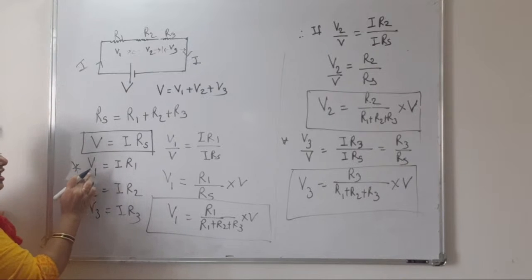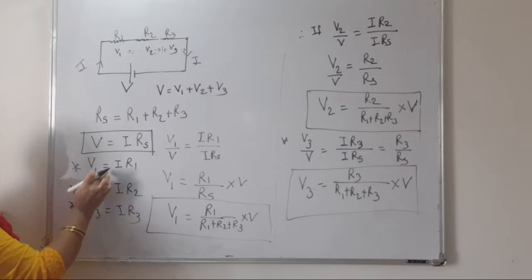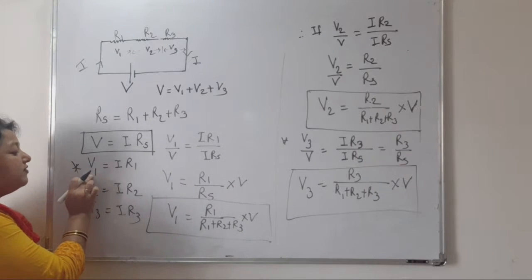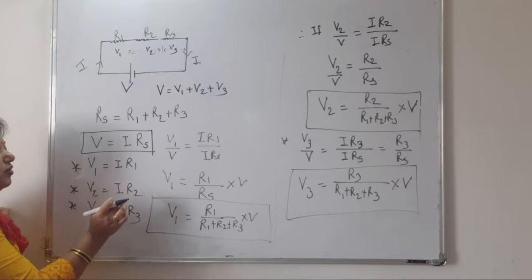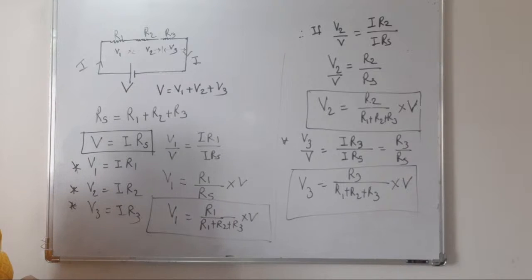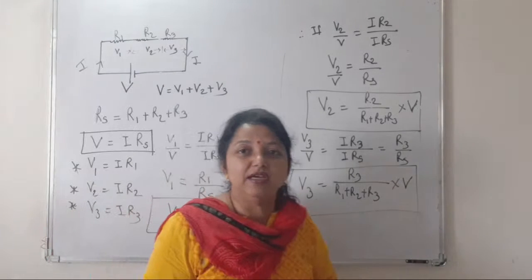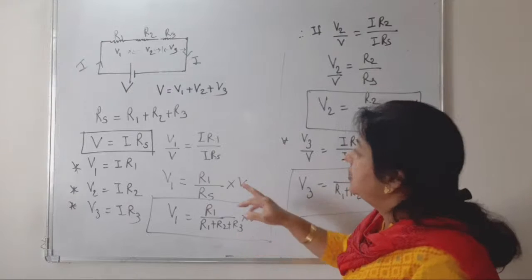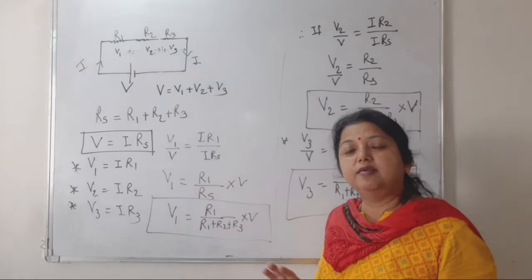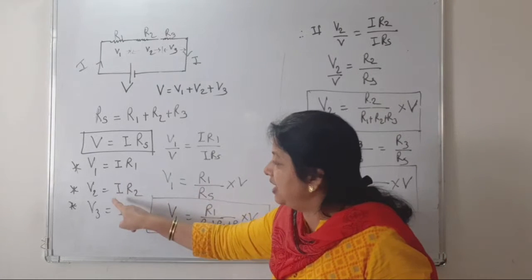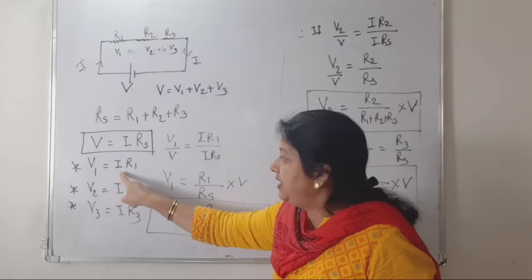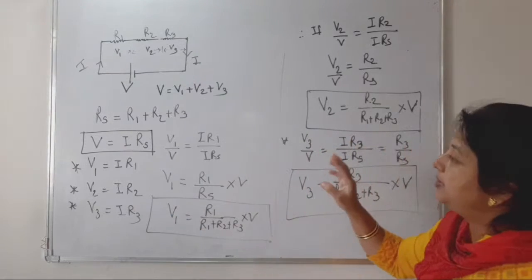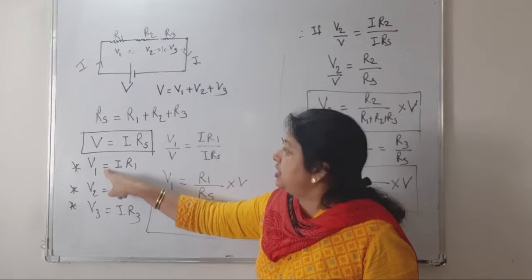But we want the actual formula for V1 without current I. If the magnitude of current is not known, then also we are able to calculate V1, V2, V3 with the help of R1, R2, R3 and the potential of the battery. If we know the overall potential applied and the values of R1, R2, R3, then we can find V1, V2, V3, even if we do not know the current. These formulas are also for V1, V2, V3, but in them current is necessary. We should be able to find them even without current. So what we did is just this upon this.